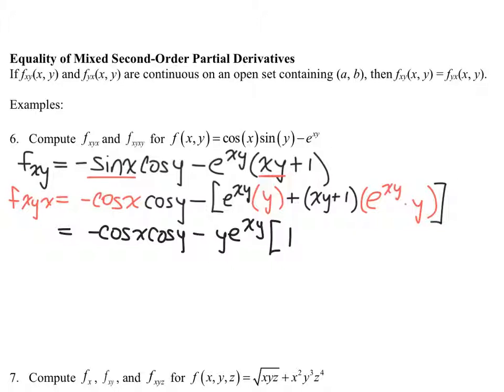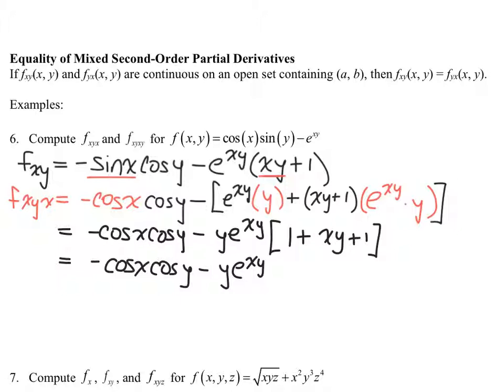1 plus xy plus 1, which would clean up further to 2 plus xy. I could go regular parens now.